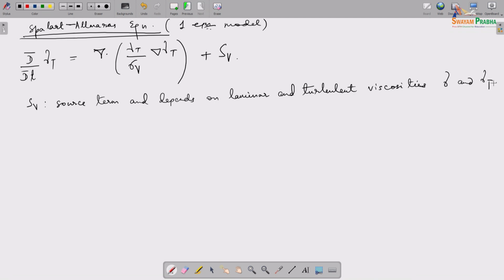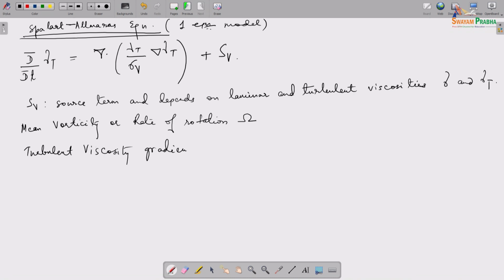Now, mean vorticity, or rate of rotation, turbulent viscosity gradient, and distance of the nearest wall.